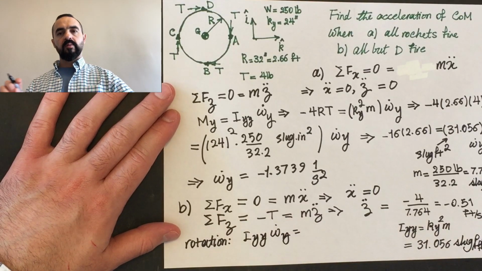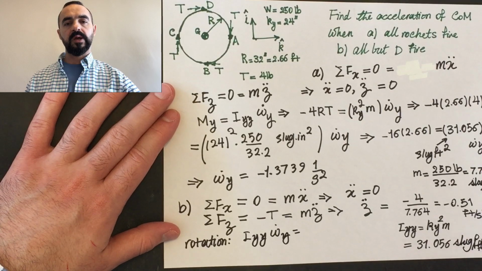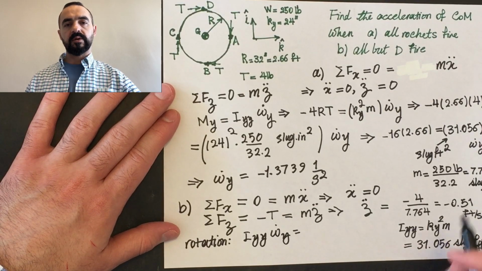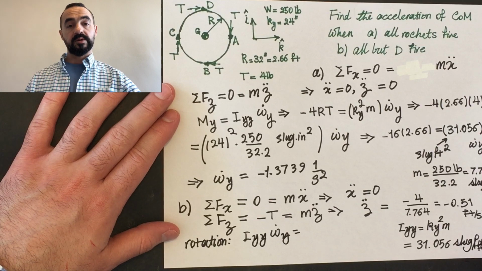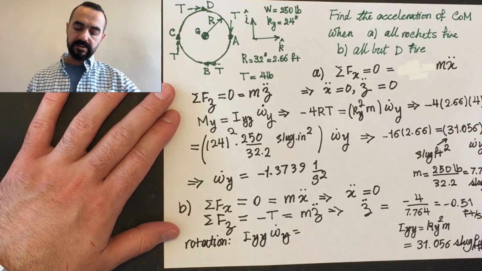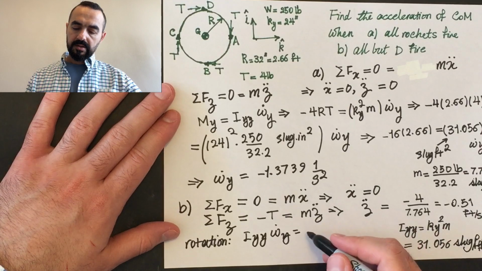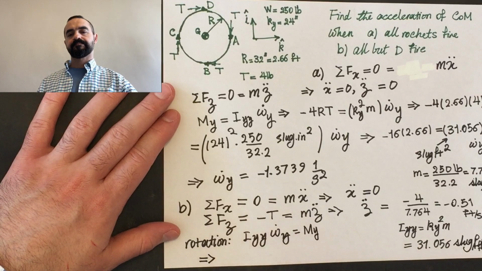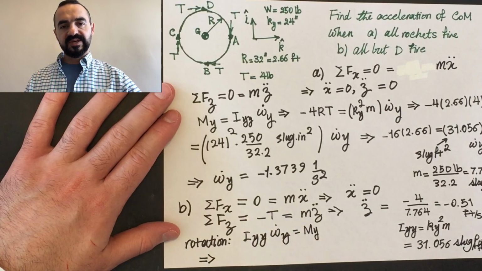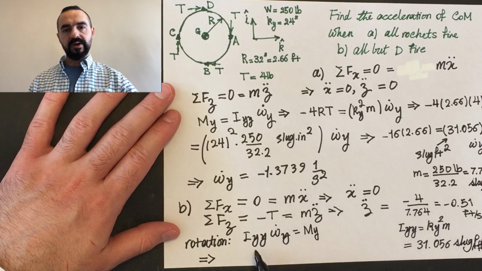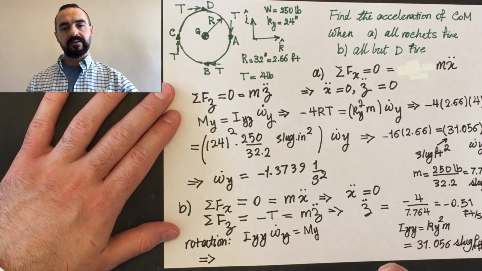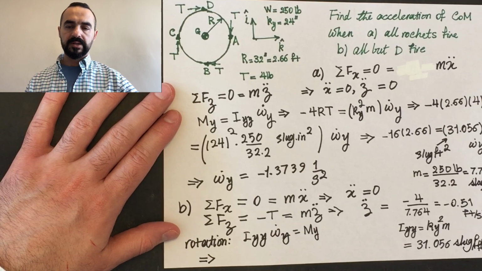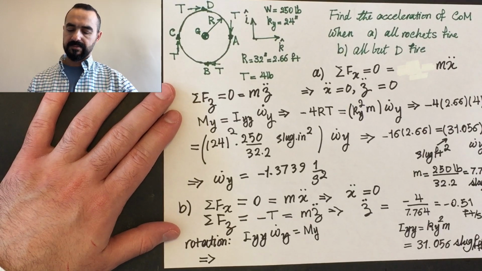All right. So now what is the difference between part A and part B when we are solving the rotational equation of motion? We said that I by y, as long as we computed with respect to the same frame, for the same body with the same mass distribution, is going to stay unchanged. Right?